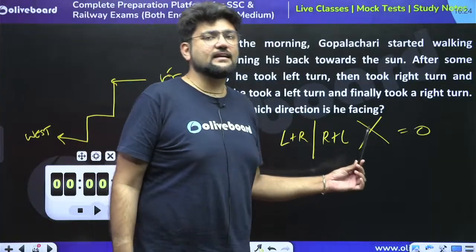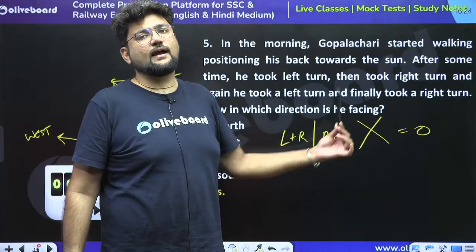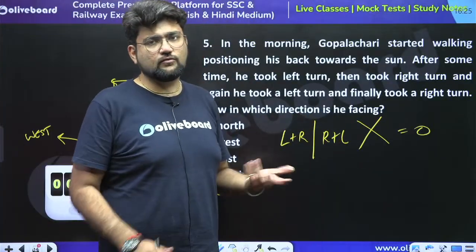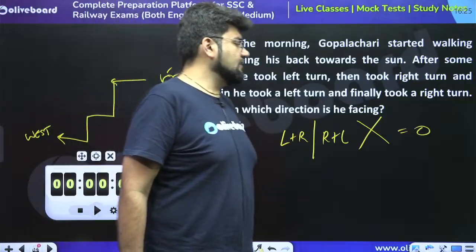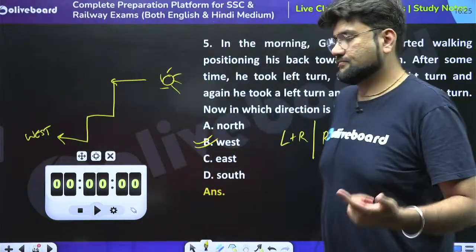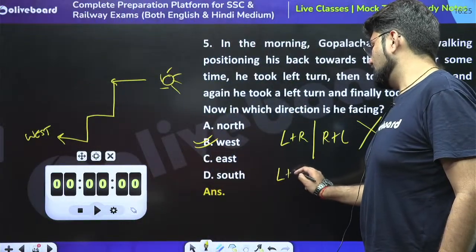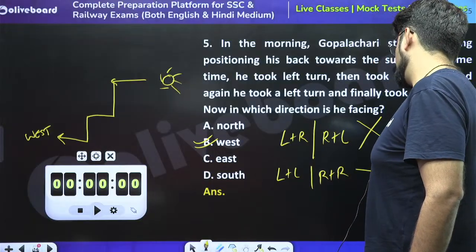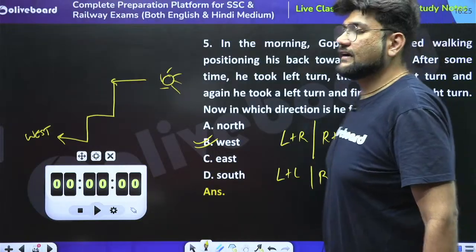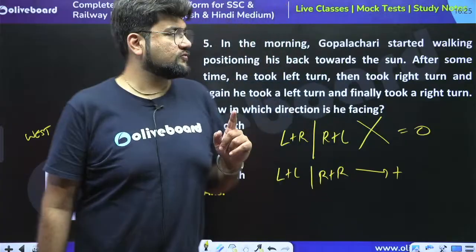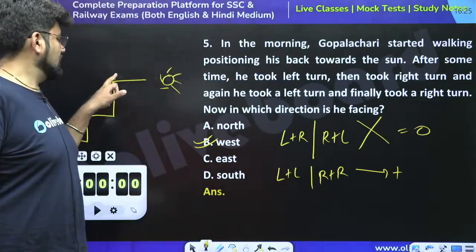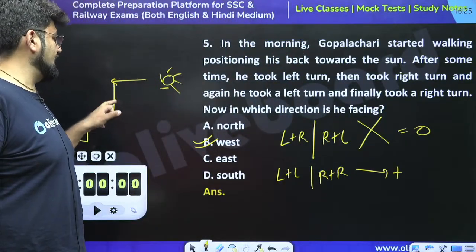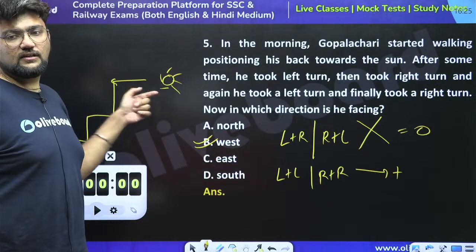Left and right basically means 90 degree clockwise, 90 degree anti-clockwise. So they both will get cancelled. And if there are two lefts, left plus left, or right plus right, then that will get added. Added means if I start with my direction and go left and left, then I know that it is in the opposite direction.